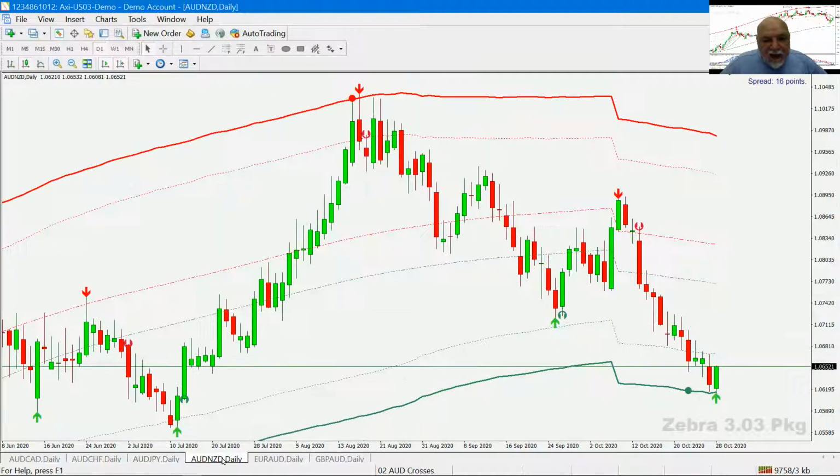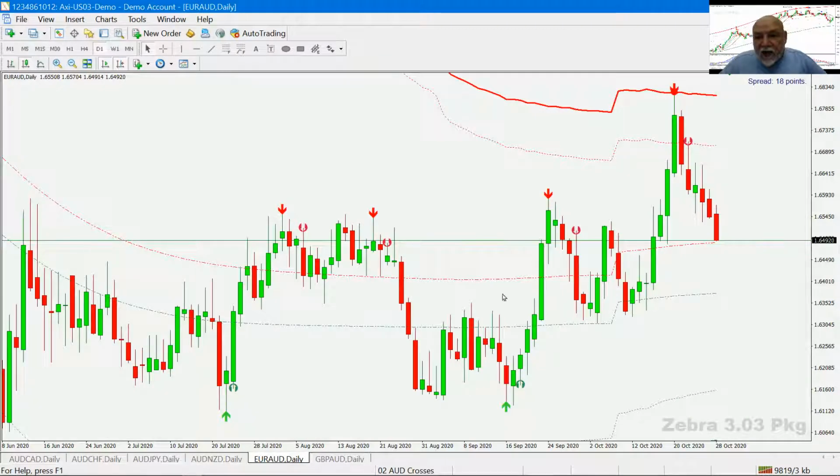Aussie New Zealand again. Here, this is at the end of the day today. This may be a good trade setup. So tomorrow there might be a good trade on the Aussie New Zealand in a longer term time frame. Remember, longer term, bigger stop loss. Okay. Quickly looking at the Euro Aussie again.